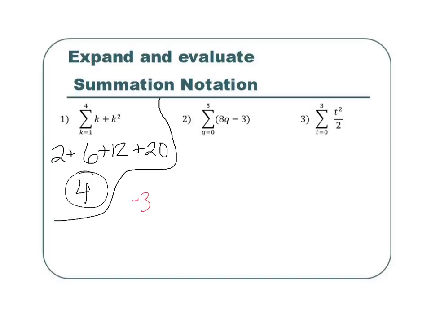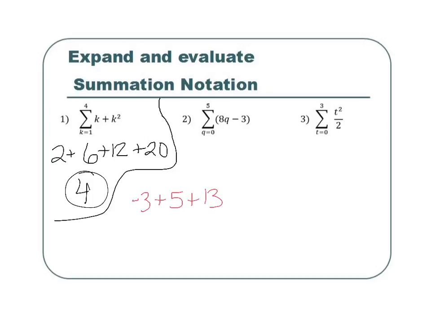Now you have to increment, so now make q equal 1. So put 1 in here, so that's going to be an 8 minus 3, so my next number is a 5. Now make it be a 2, so that's 16 minus 3, so that's 13.